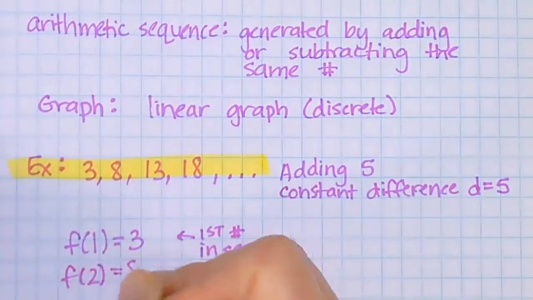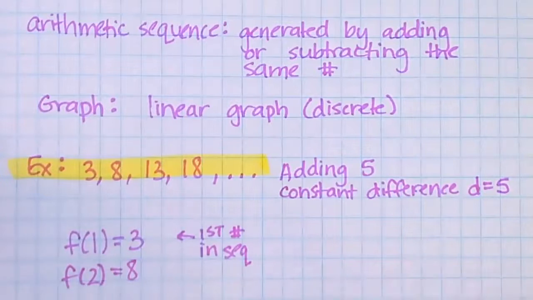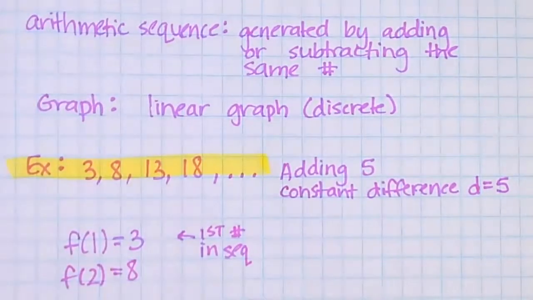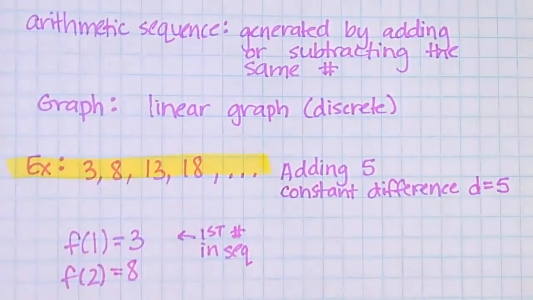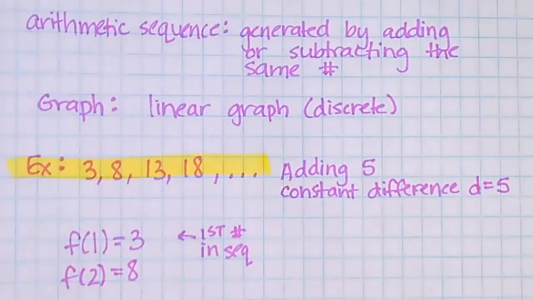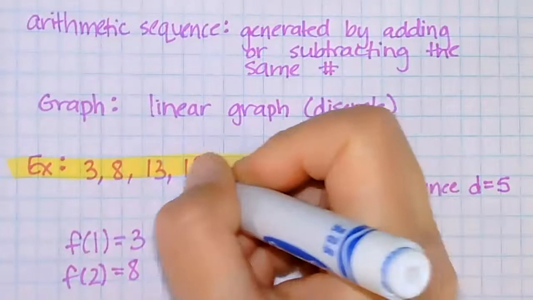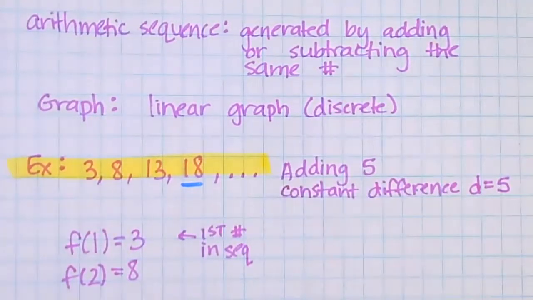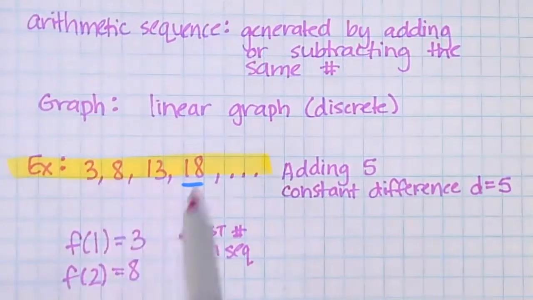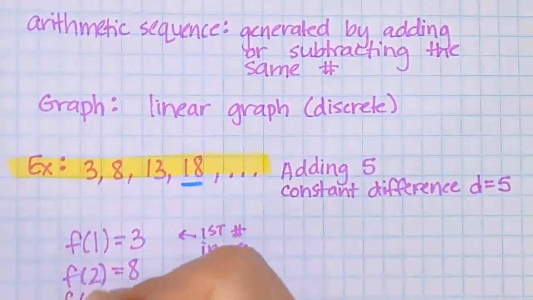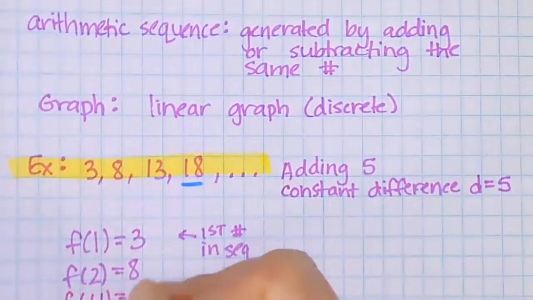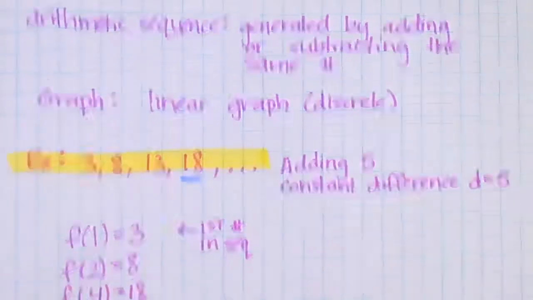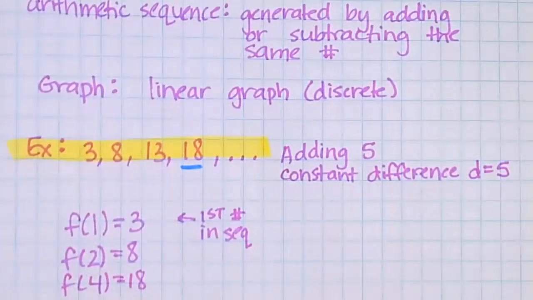And if I was talking about this 18 here, that would be my first, second, third, fourth term. So f of 4 would be 18 because that is my fourth term.